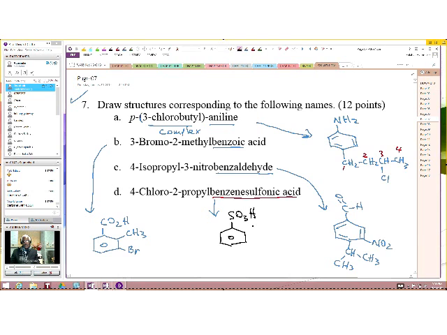Okay. Now you say 4-chloro, 2-propyl. Okay, propyl is in the 2 position. And then 4-chloro.